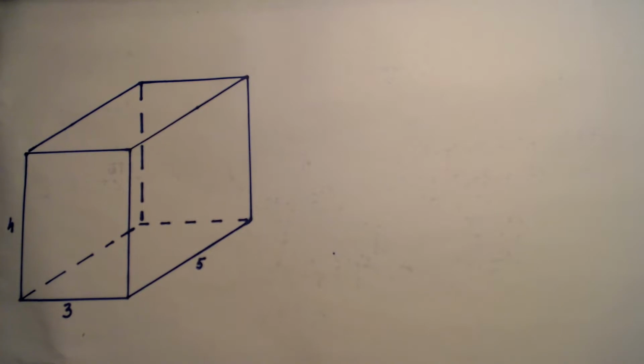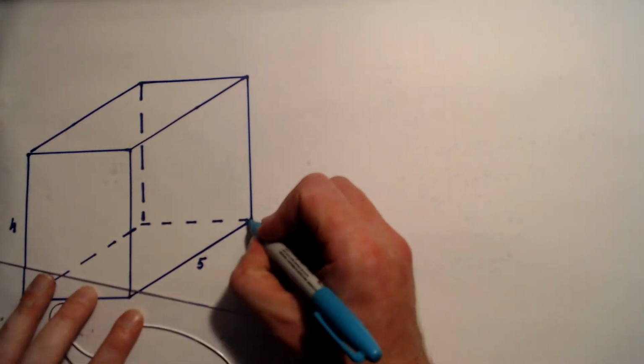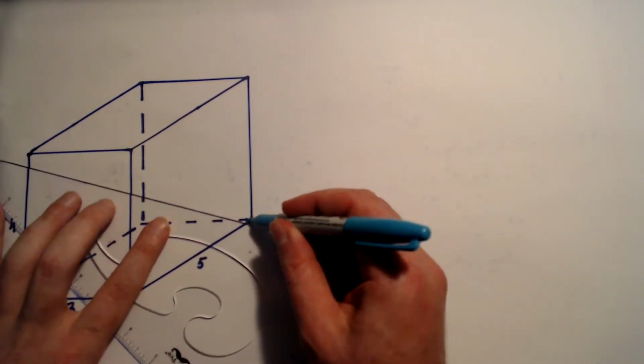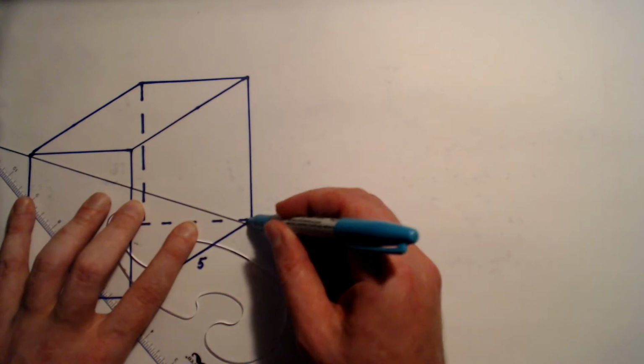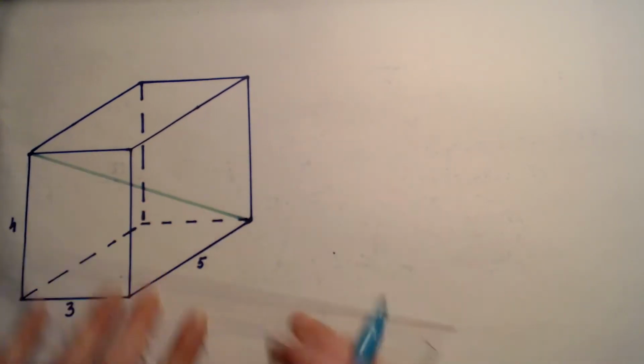And what I'm being asked to calculate in this problem is this distance, this long diagonal from here to here. Put it in green so that we can see it.